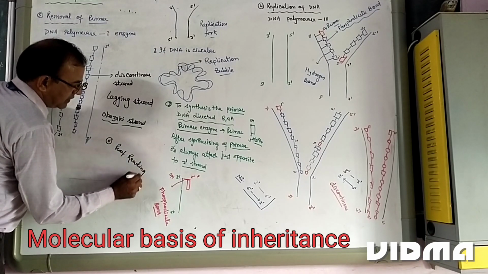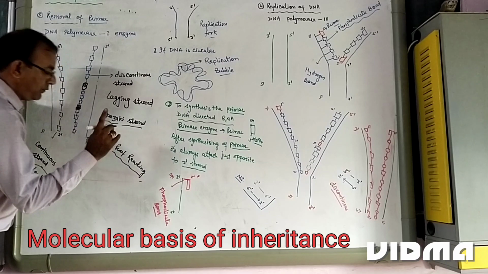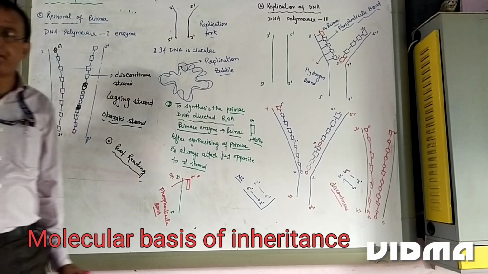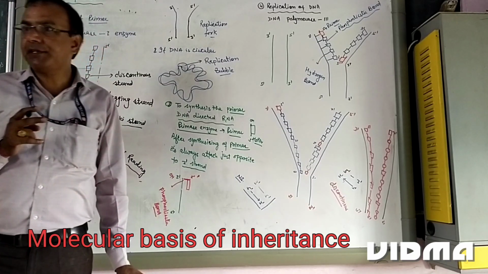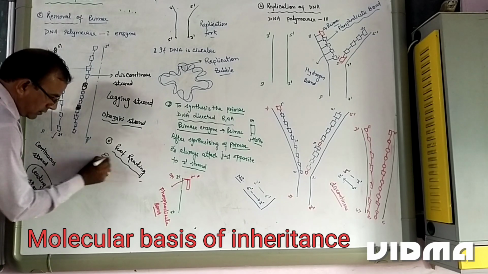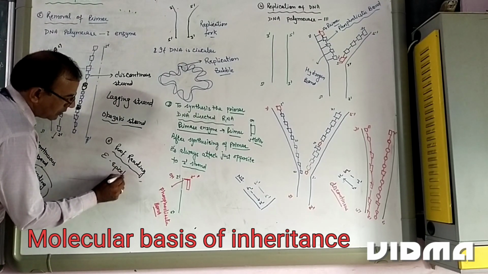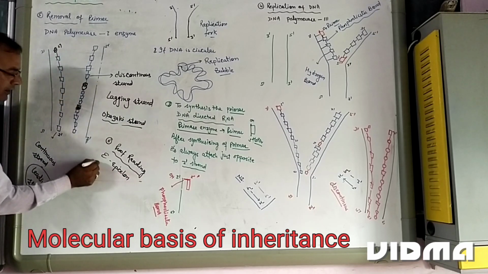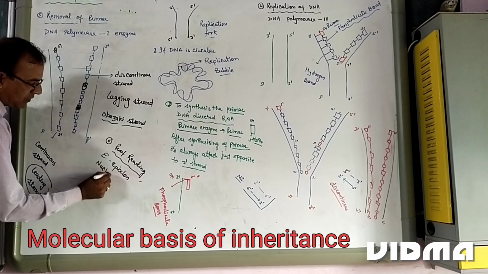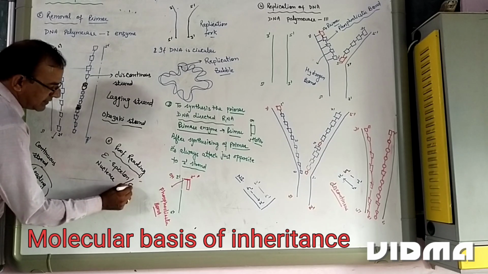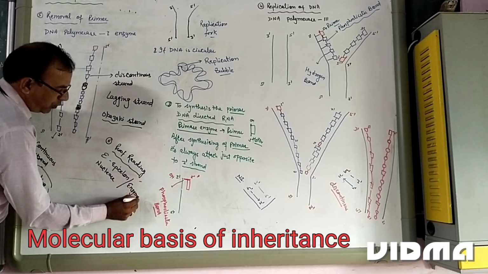The enzymes used in proofreading are, first, the epsilon unit of DNA polymerase III, and nucleases. Both are the enzymes required for proofreading.